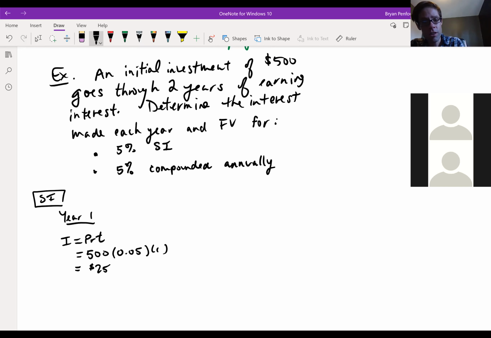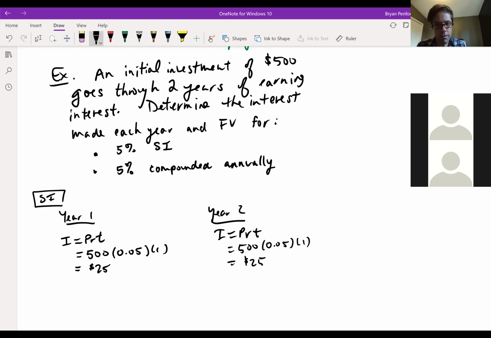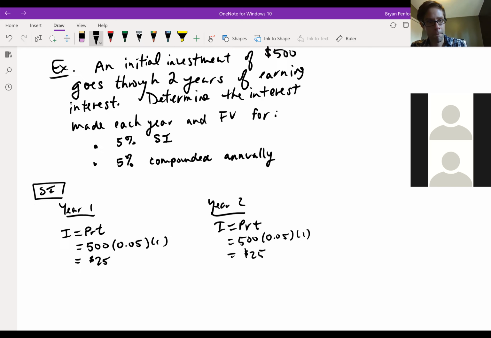Now, how simple interest is going to be different than our calculation for compound interest is the following. In year 2, I actually can just use the same formula. So in the second year, I'm also going to earn $25 in interest. So the future value of this particular money is going to be $550.